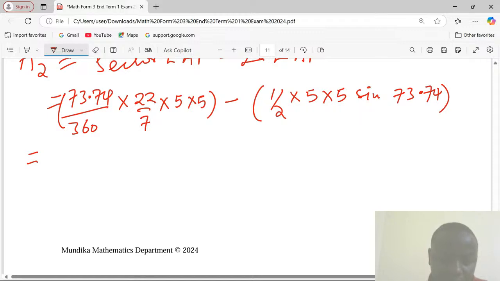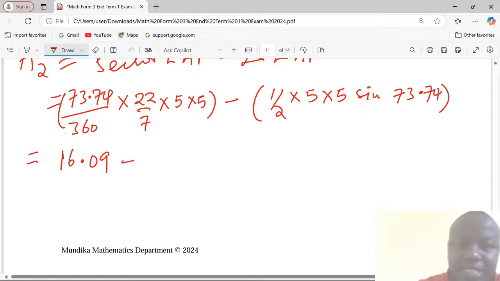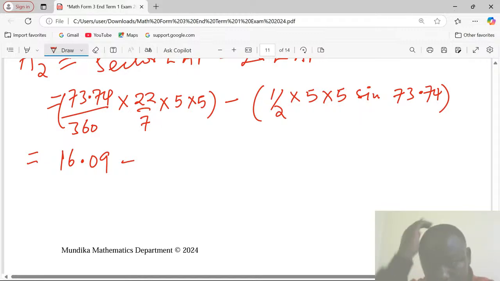Let me work out the sector first. 73.74 over 360 multiplied by 22 over 7 multiplied by r squared. So I'm getting 16.09 square centimeters minus half AB multiplied by the sine of 73.74.